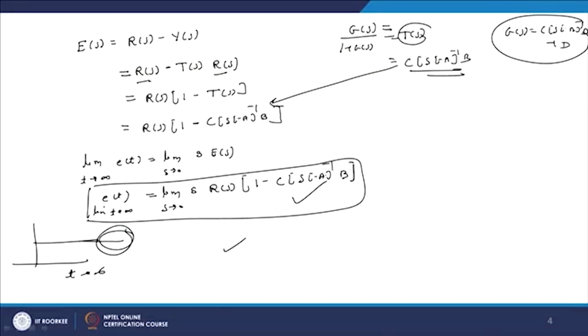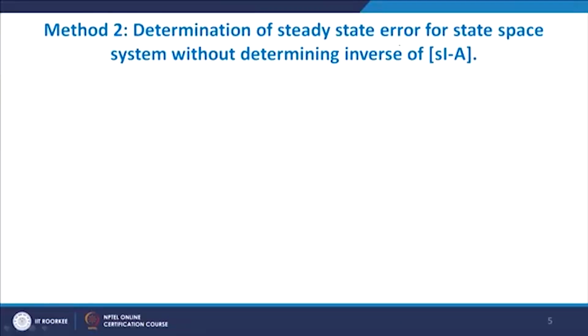That is, our aim is that we have to calculate only A inverse in getting the steady state error. Is it possible? That is, our aim is, can we get E of t without calculating (SI - A) inverse? So, this is possible. So, we can see this method. So, method 2, determination of steady state error for state space system without determining the inverse of SI minus A. Now, here this method is explained.